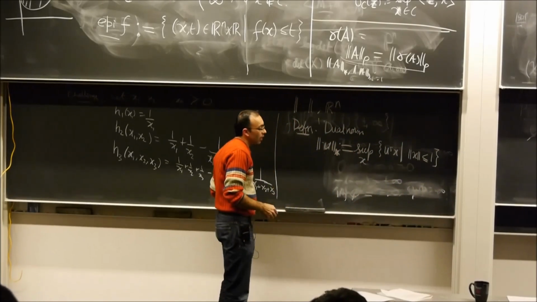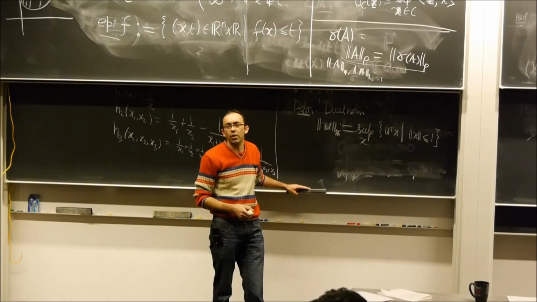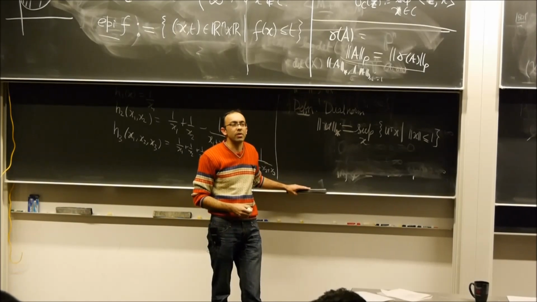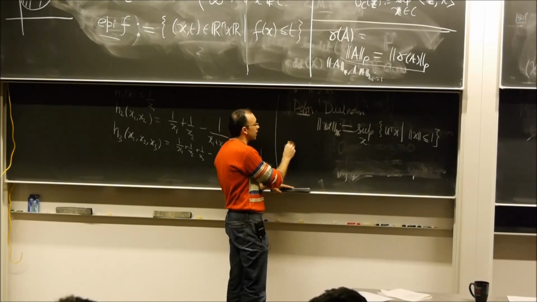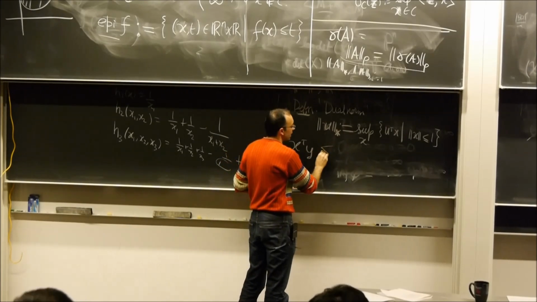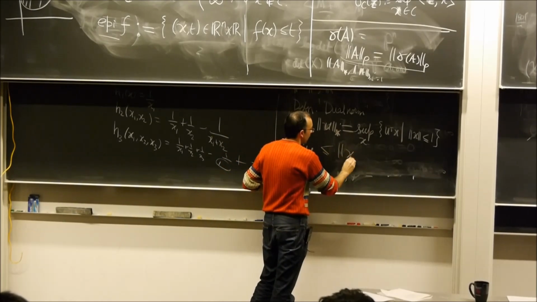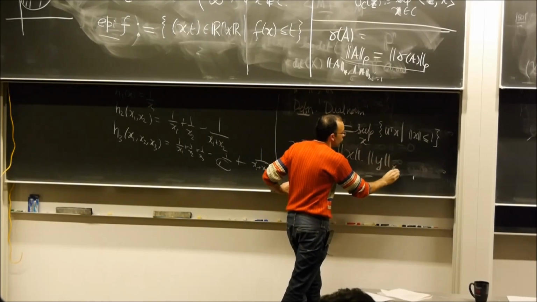So how many of you are familiar with Hölder's inequality? You might have seen it many times in life. Essentially, x transpose y is less than or equal to the norm of x times the dual norm of y.